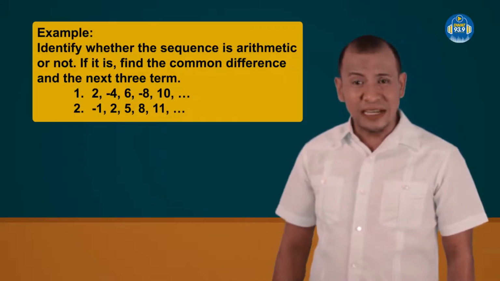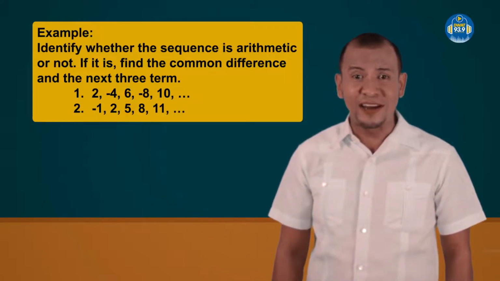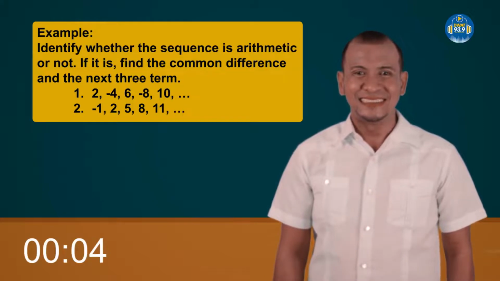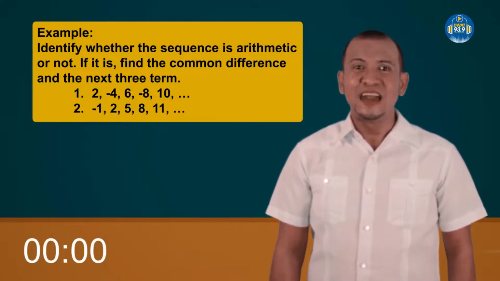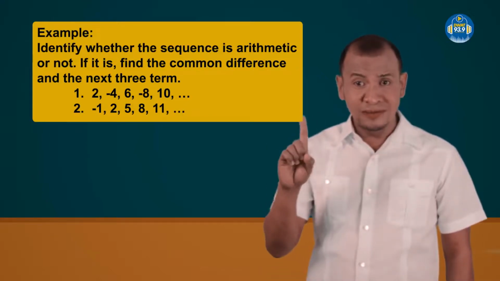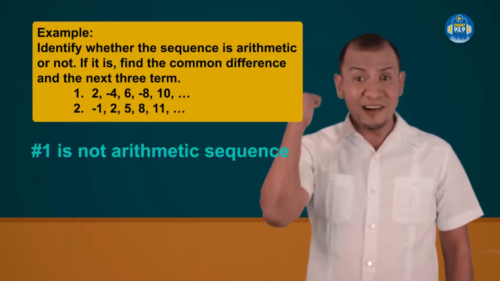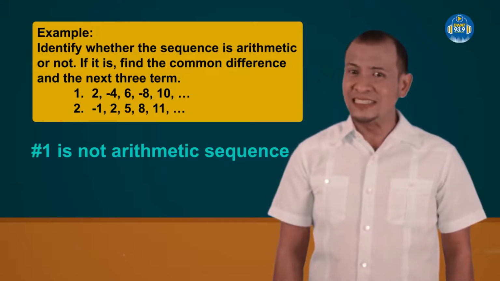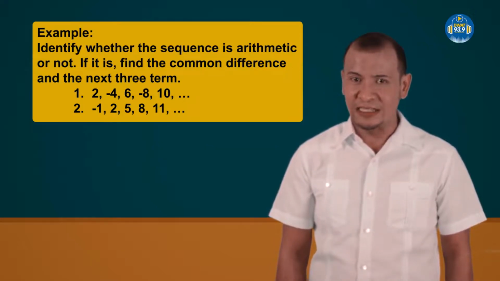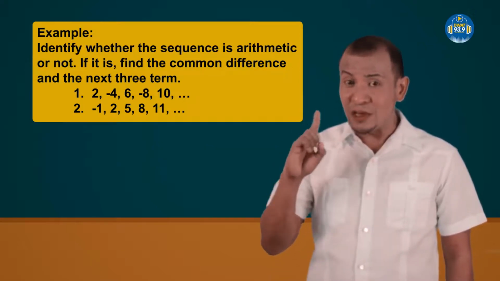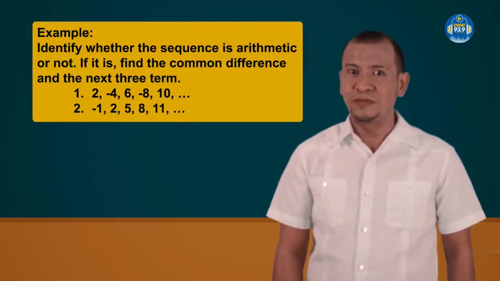Is the first sequence arithmetic or not? If your answer is no, then you are correct. The sequence does not have a common difference. Let's try to look into the solution.